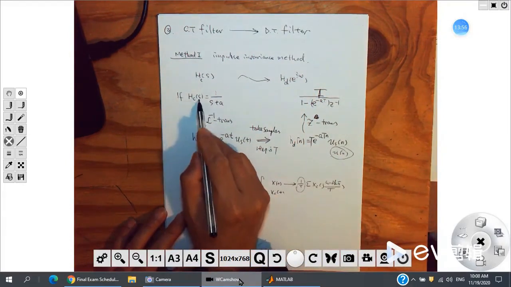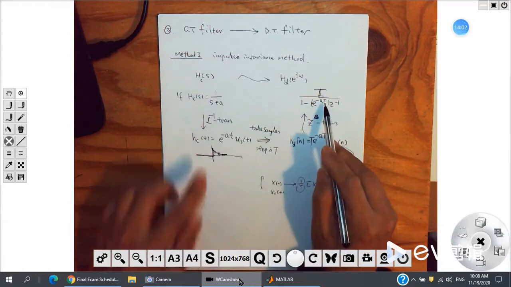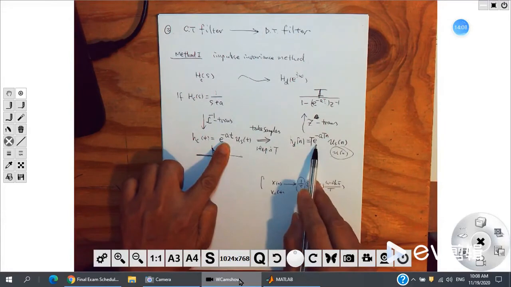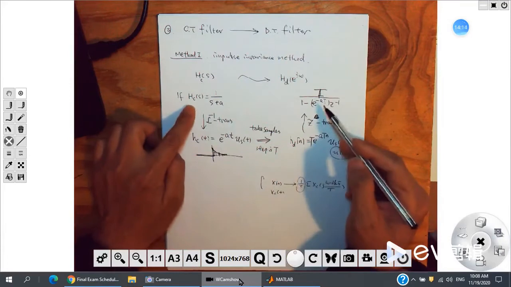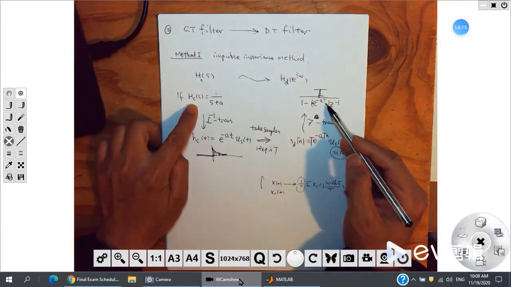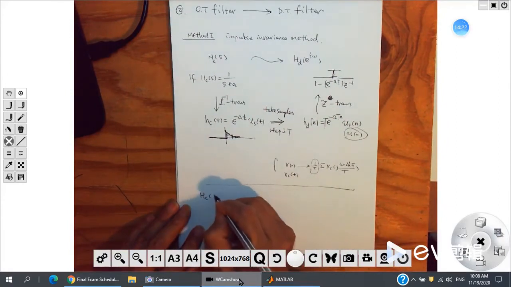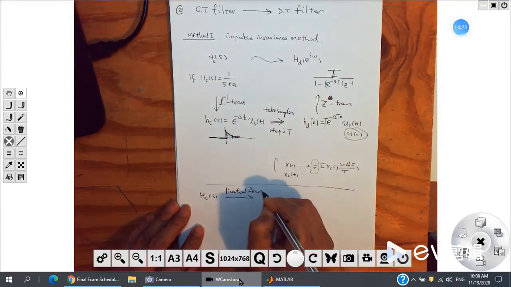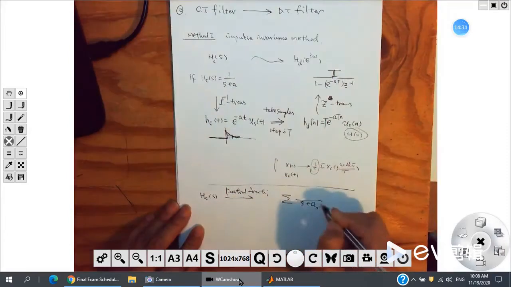If H_c(s) is this one, we use this one to replace it. These two will have different impulse responses, so they are not the same. But if we go to the frequency domain, these two should be the same or similar. Okay, so the method is like this. For H_c(s), you do partial fraction: a summation of a_i over s plus a_i, where the numerator is some constant a_i.